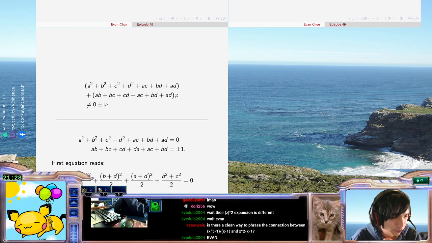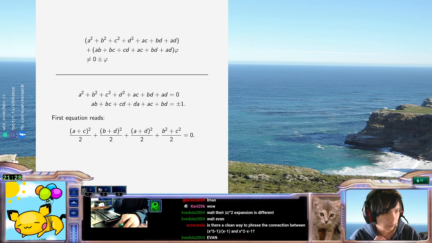Is there a clean way to phrase the connection between x to the 5th minus 1, that polynomial, and x squared minus x minus 1?